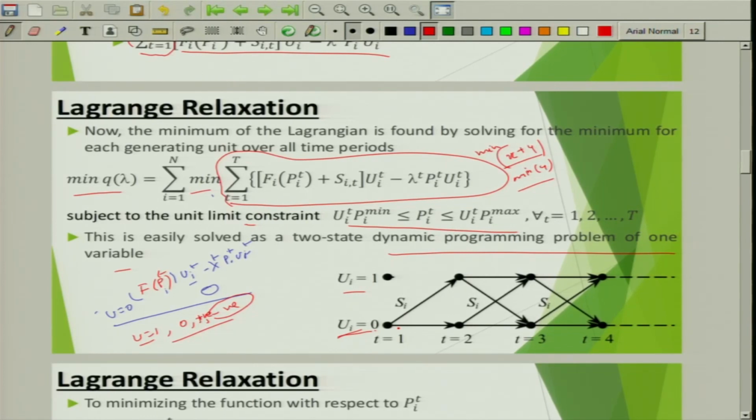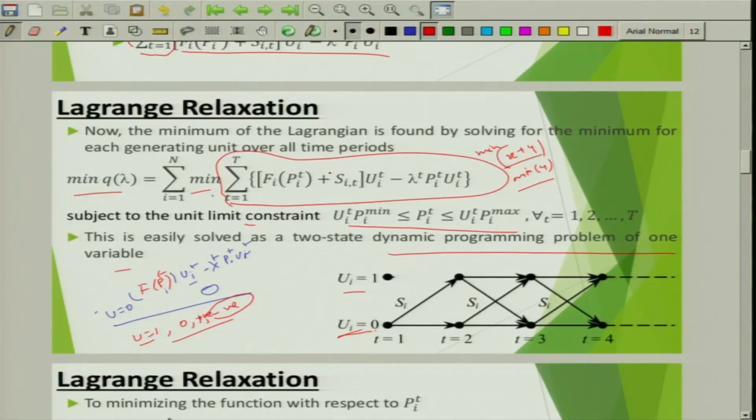Now this is just a mathematical interpretation, and now I will give you a physical, practical understanding of why we need to consider this to be negative. For this explanation, f of p into u, where u is 1 now since I am considering it on, f of p minus lambda into p, I am saying it should be less than 0.